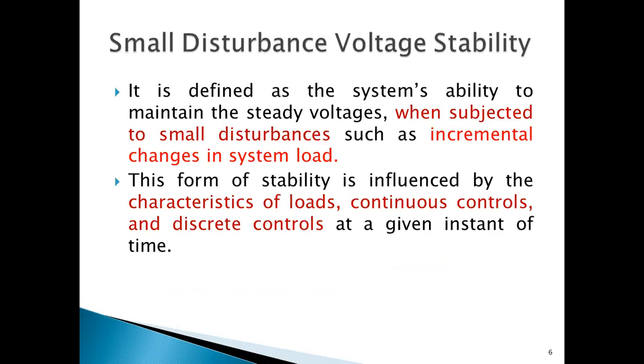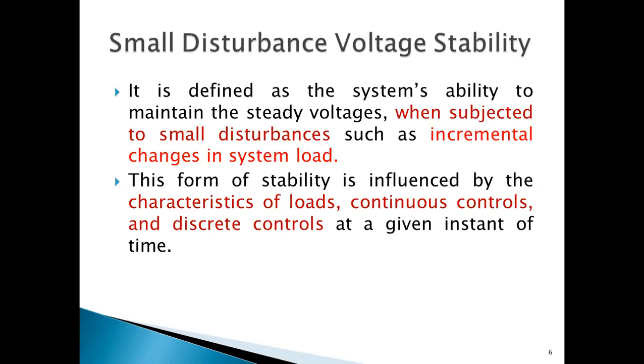Let us move on to the classification of voltage stability based on the disturbance occurring in the power system. We can classify voltage stability as small disturbance voltage stability and large disturbance voltage stability. Now let us discuss the definition of small disturbance voltage stability.